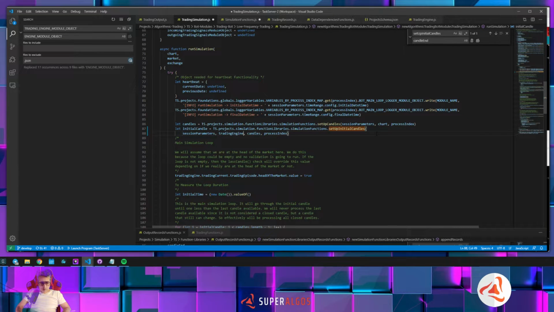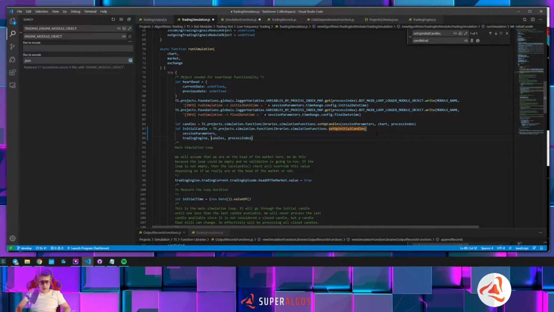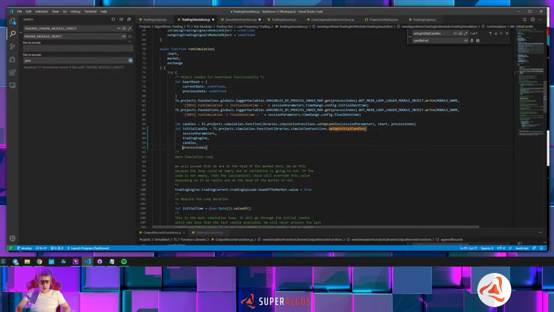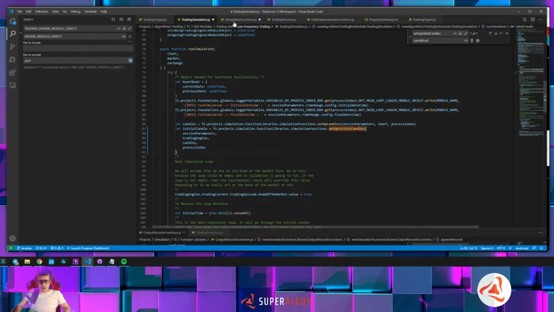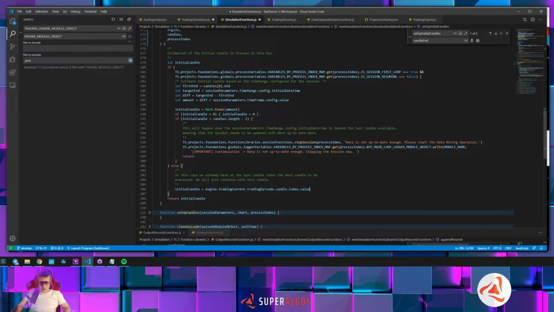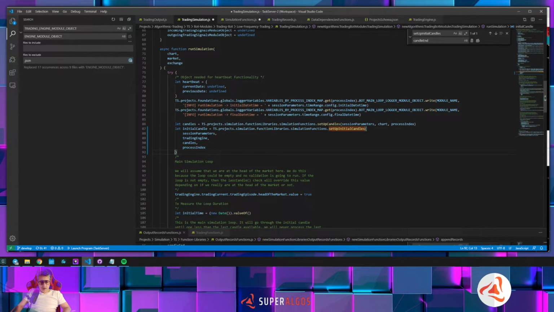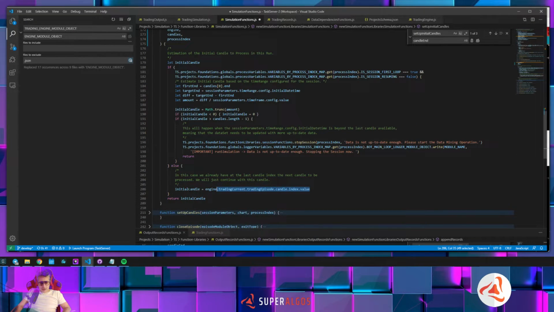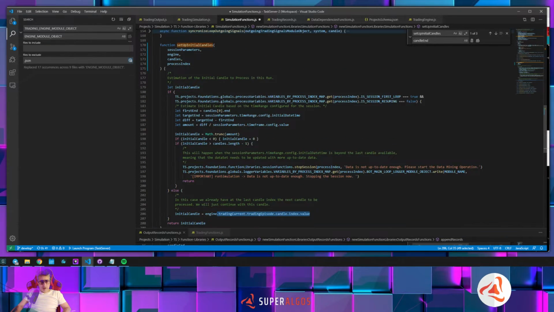We are also going to put it like this, and this is going to be sent from here, and this initial candle, this engine, we are going to replace it by candle index.